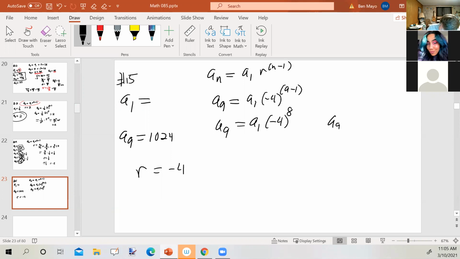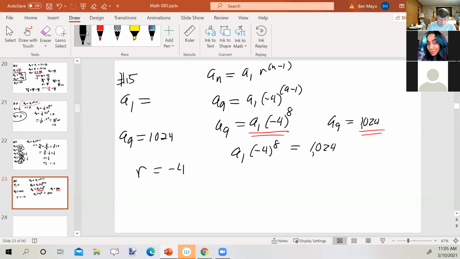But we also know that a sub 9 equals 1024. So this equals that. There's our equation. A sub 1 times -4 to the 8th power equals 1024.